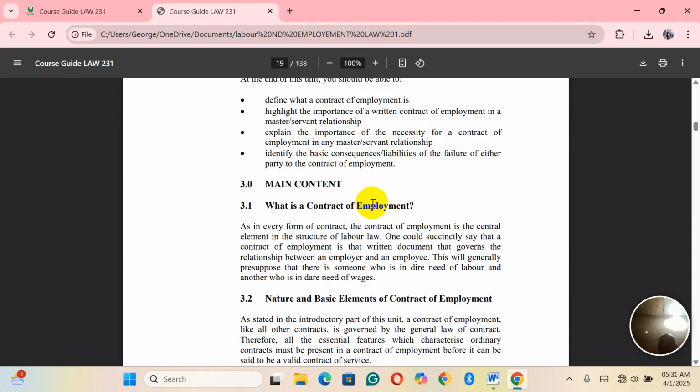This will generally presuppose that there is someone who is in need of labor, and another who is in need of wages. So we are looking at the nature and the basic elements of a contract of employment.